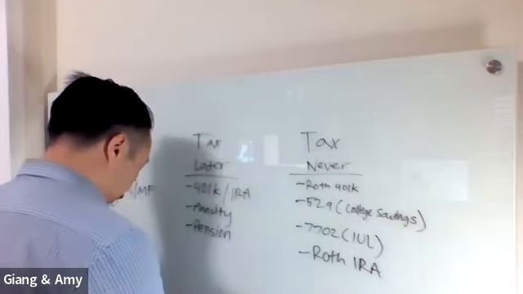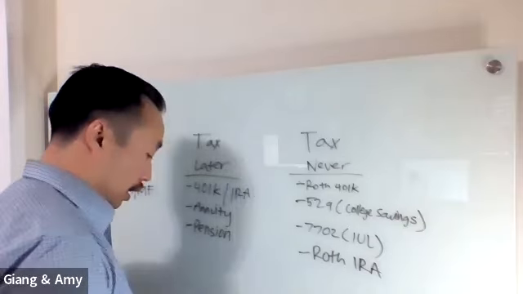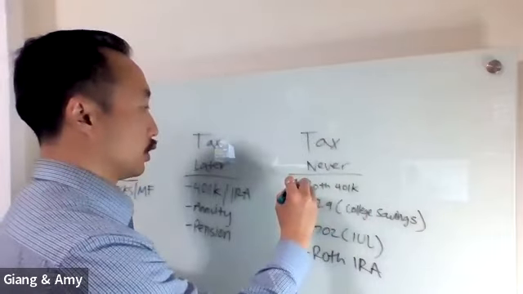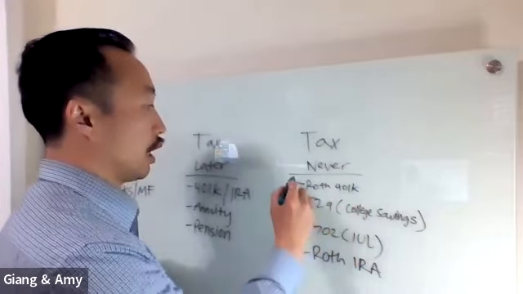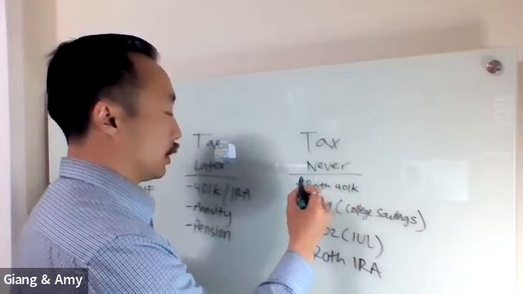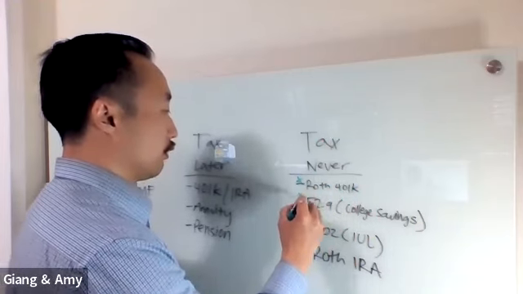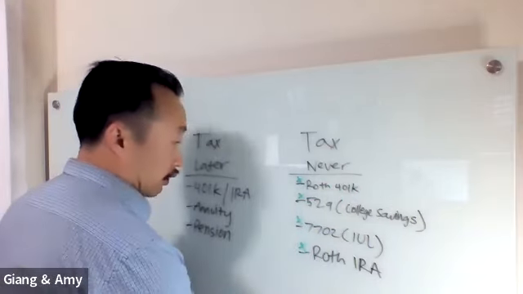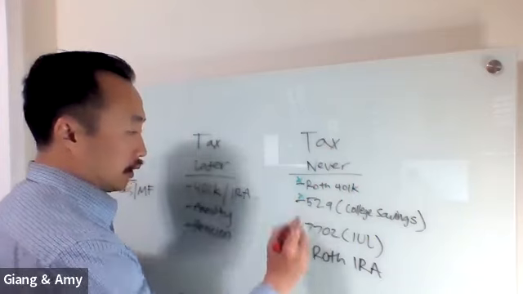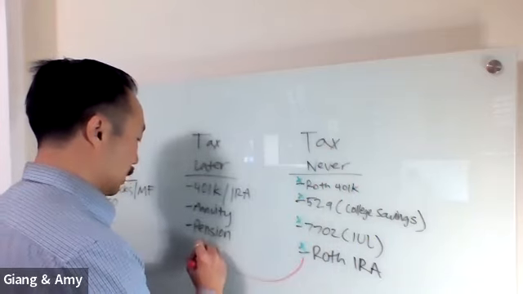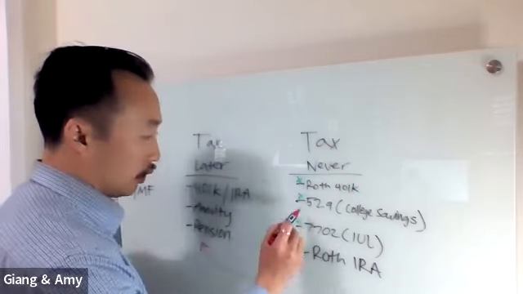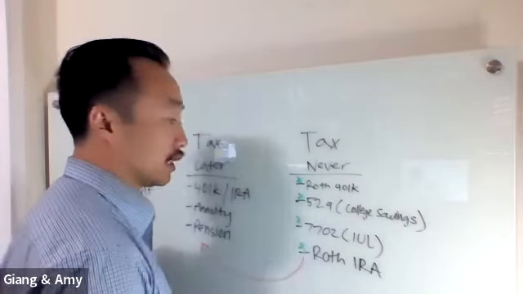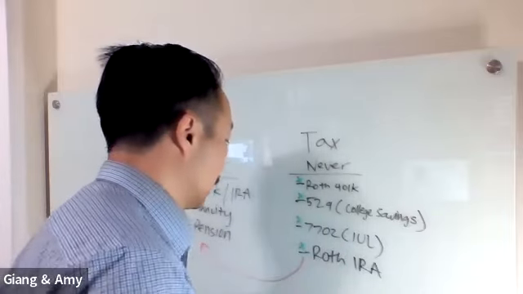So the way smart flow of money works is something like this. First, you want to fill up this bucket first. Whatever leftover money you have that you can put towards your savings or your investing, you want to fill up all these buckets first. Once all these buckets are filled up, then you move to this side, but only after all these buckets have been max funded or max saved or max invested in these accounts.